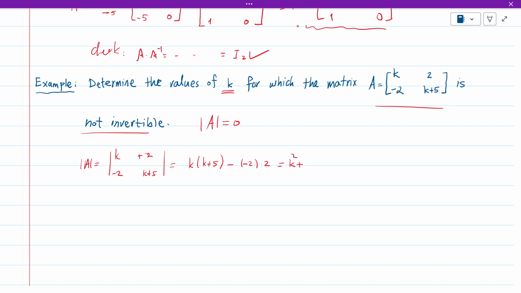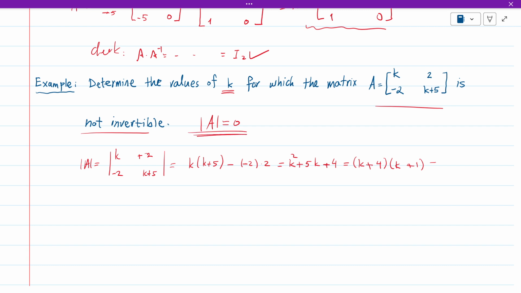That will be k squared plus 5k plus 4. You know that you can factor it into brackets: k plus 4 and k plus 1.